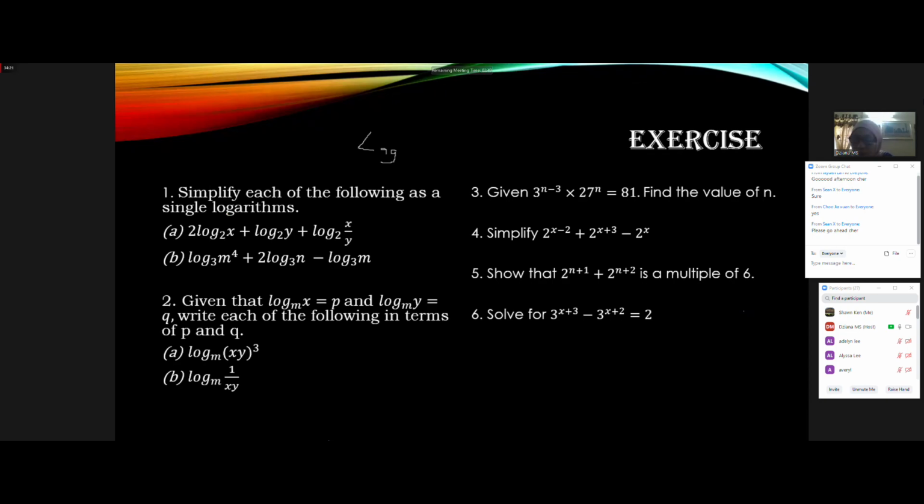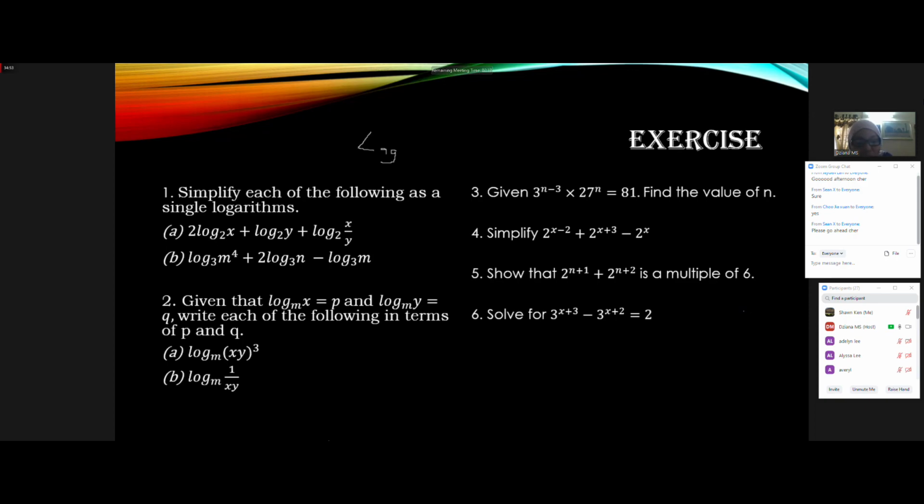Simplify. A, can someone give me your answer for number 1A? Anyone with the answer?